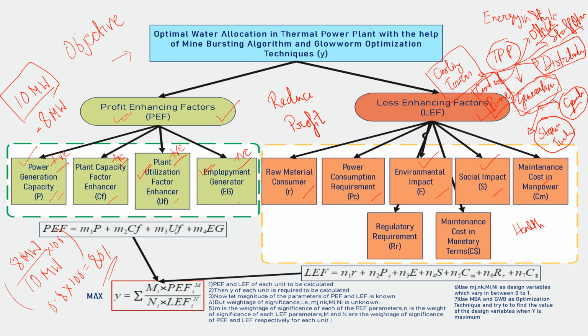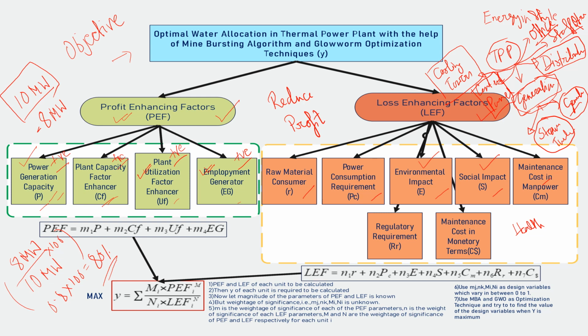So we are representing the power generation capacity of each unit of our thermal power plant by P. Capacity factor enhancer is CF. Why am I saying capacity factor enhancer?